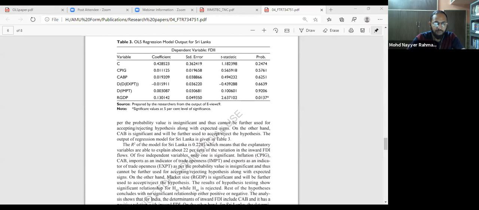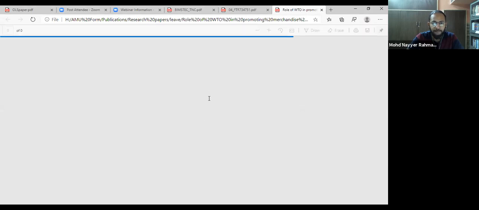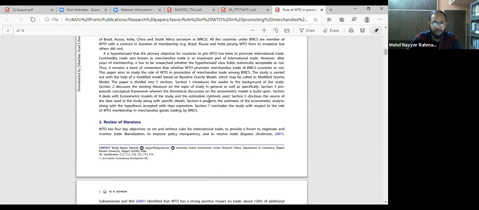If you see another paper on the gravity model, one of the models in econometrics is the gravity model. We have two or three papers on the gravity model. This is a paper on the gravity model, if I'm not wrong.